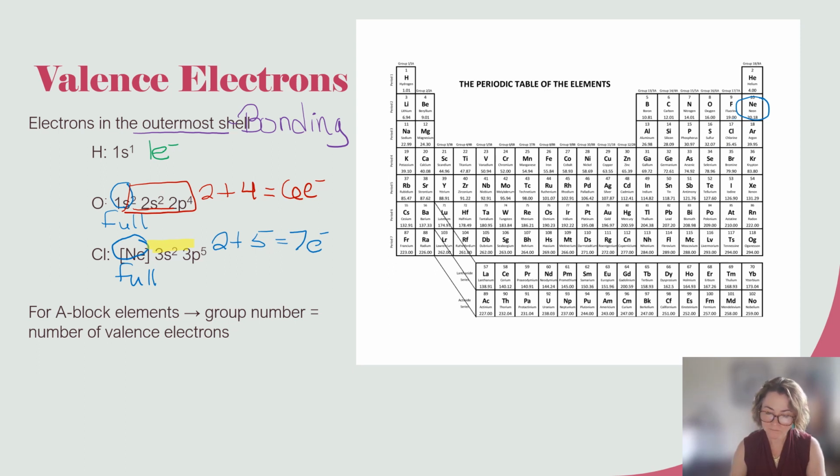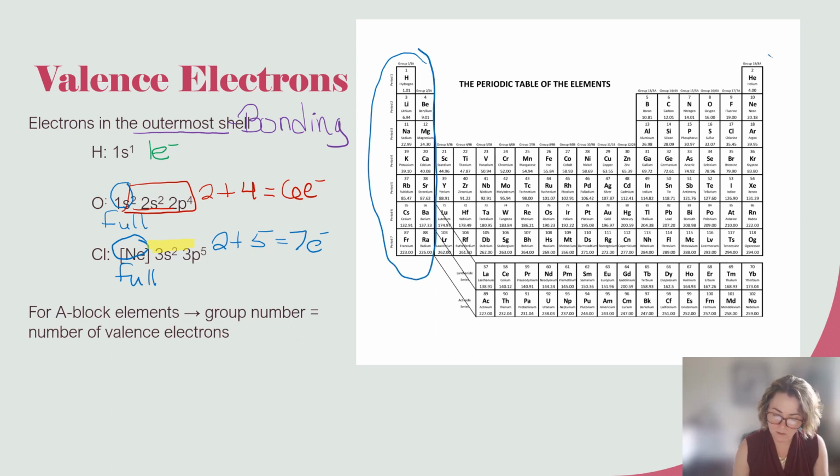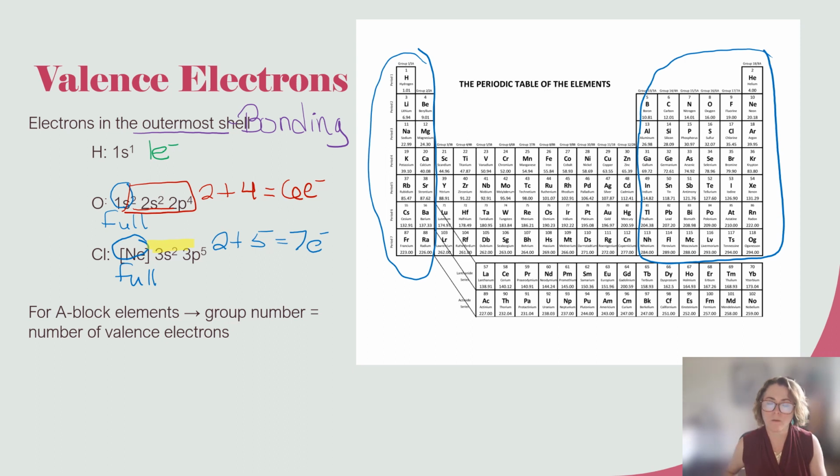All right. Now, here is your shortcut. So the A block elements are going to be these and these. Essentially all of your S and P block elements. Okay, those are going to be your A block elements.